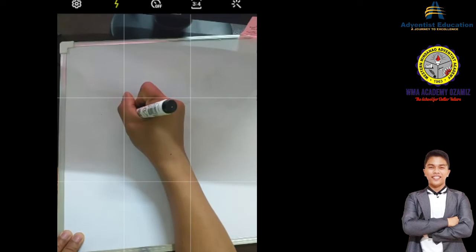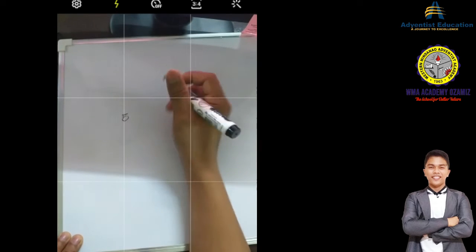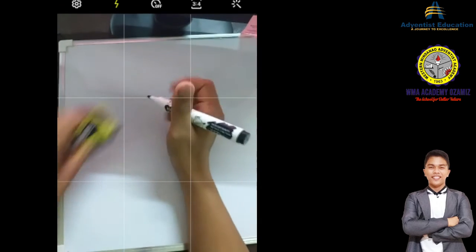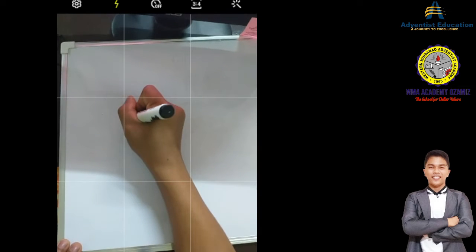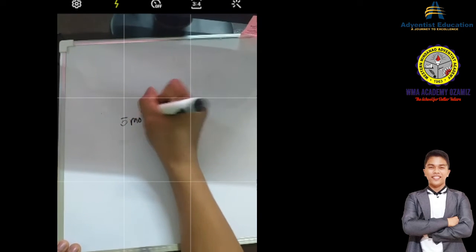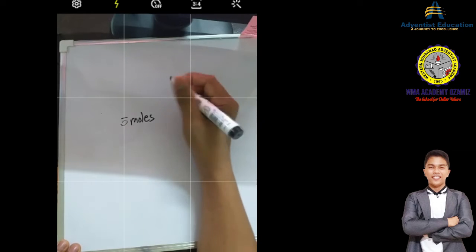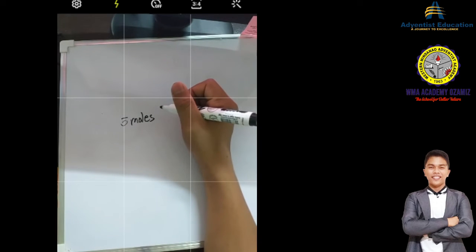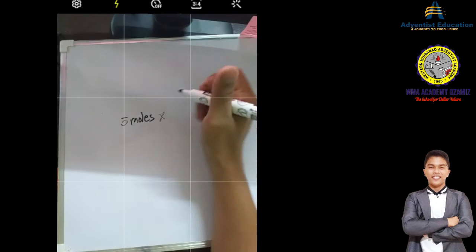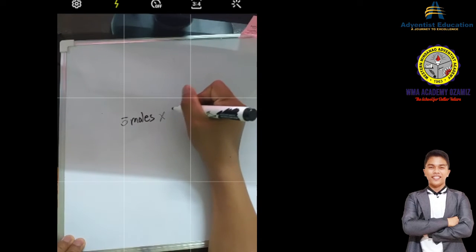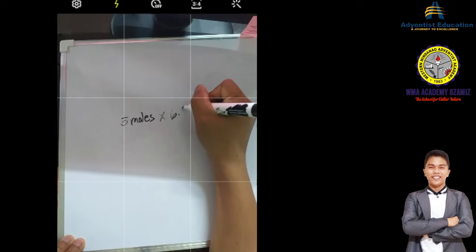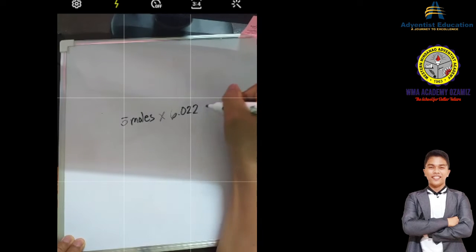That means there are 5 moles. Then times, because our formula is to multiply, 6.022 times 10 to the 23.